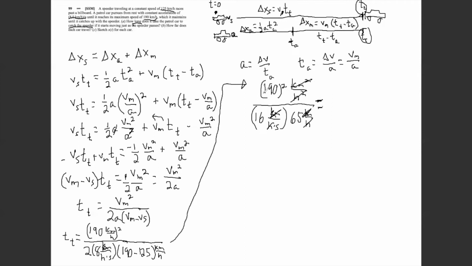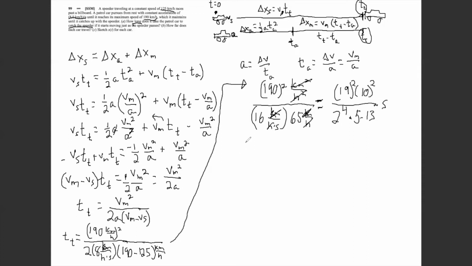So this is 190, that's squared. That's 19 times 10. And they're both squared. Over 16. 16 is 2 to the 4th. And 65, that is 5 times 13. And that's seconds.